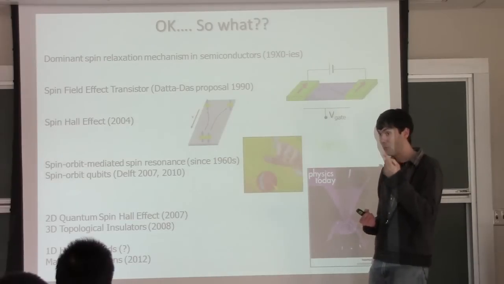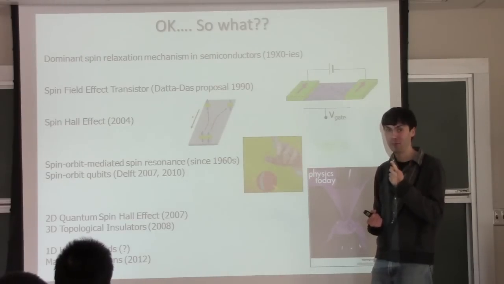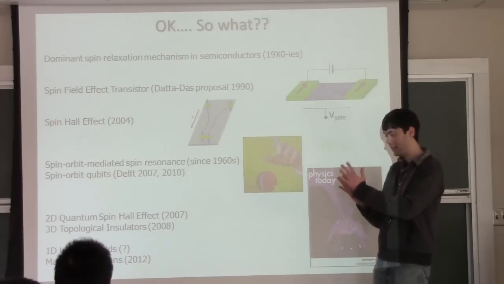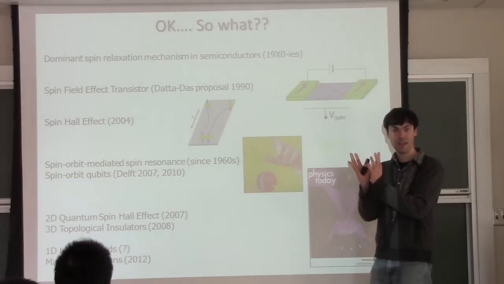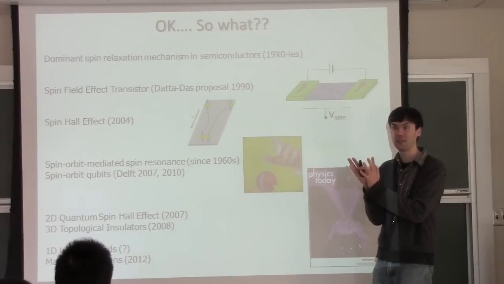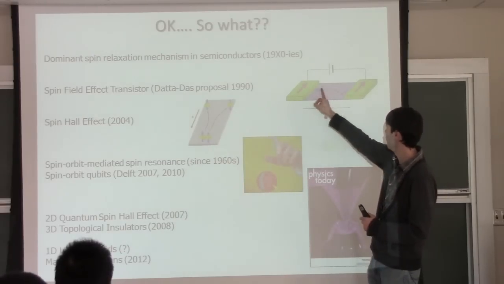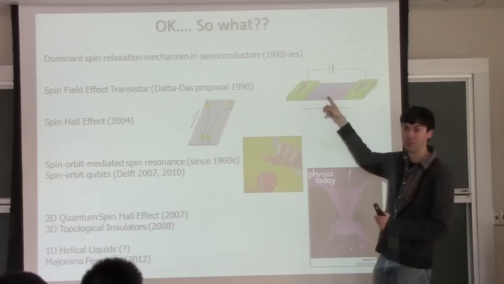Now remember, spin-orbit length is independent of velocity. There's a cancellation. So what you have to do is change the asymmetry in the quantum well. You have to change the electric field that electrons feel, and you have to change it by a lot to go from full rotation to half rotation in some distance.